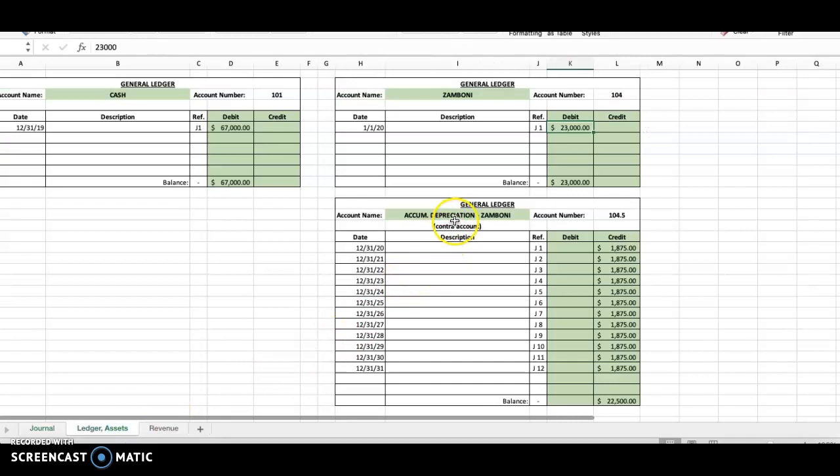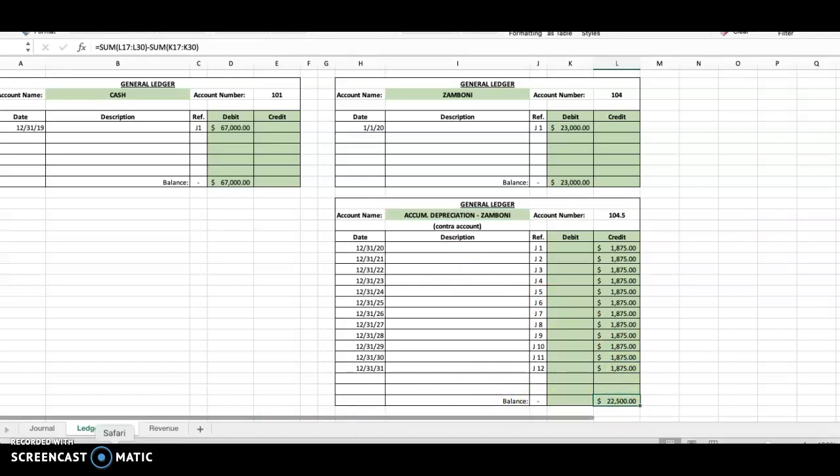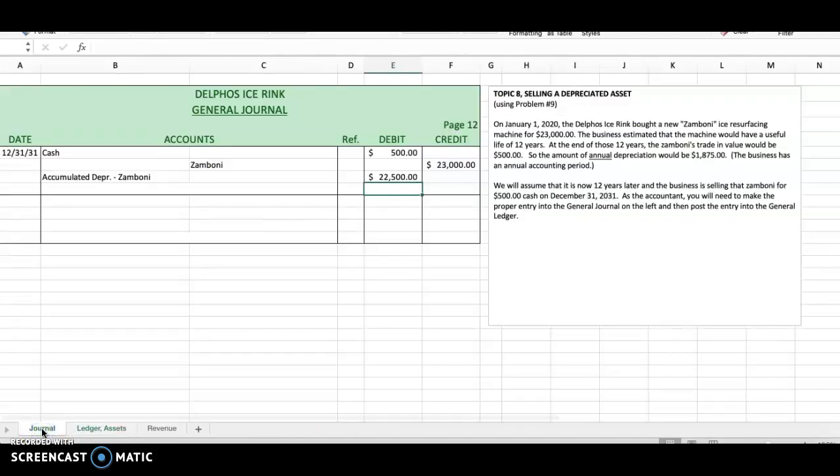In our accumulated depreciation account for the Zamboni, we want to close this account. There's no need to further do any depreciation on the Zamboni because we no longer have it. So not only do we want to close the Zamboni account 104, we also want to close its contra account 104.5, the accumulated depreciation account. To do that, we look at the balance. It's got a credit balance of $22,500, so we need to debit in our general journal by that amount.